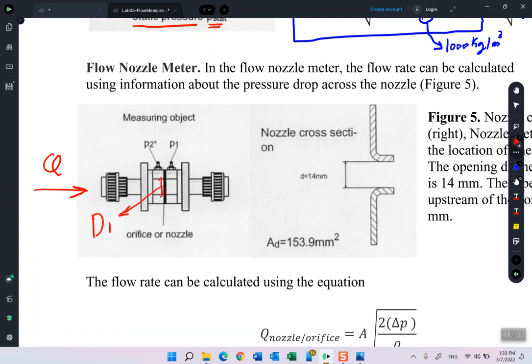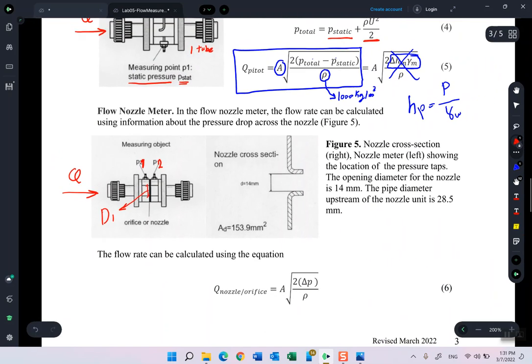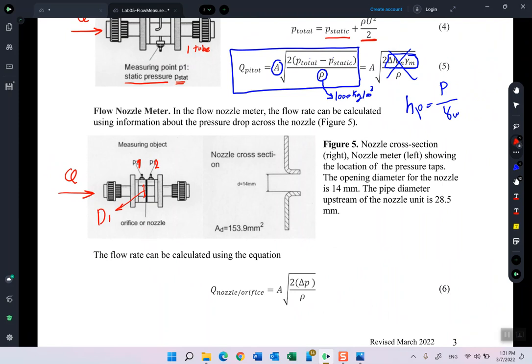So just to not confuse you, let's consider that this is section 1 and this is section 2. So at section 1, the diameter is the whole diameter of the pipe. In this case, we have the diameter as 28.5 millimeters. This is the diameter of the pipe.